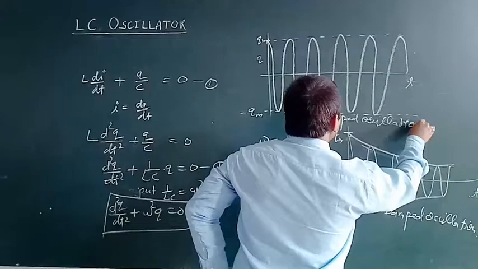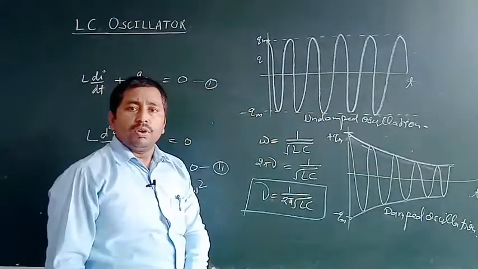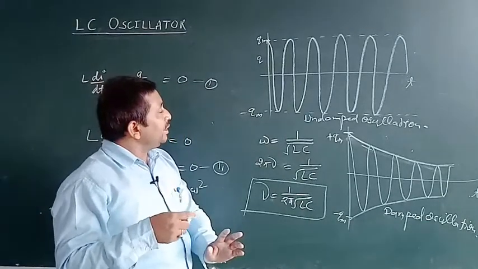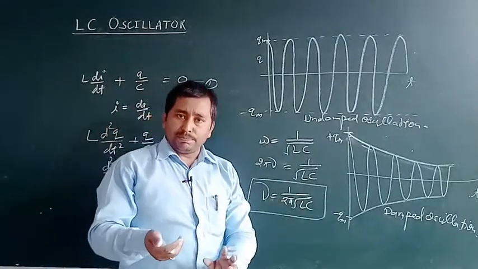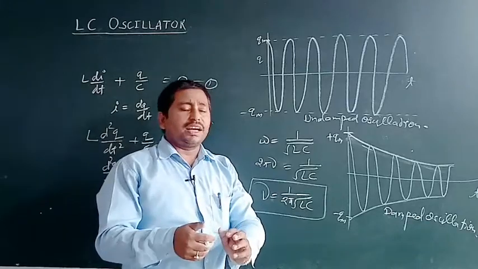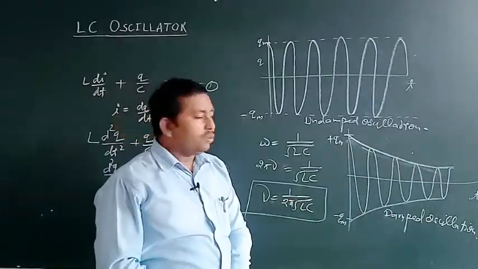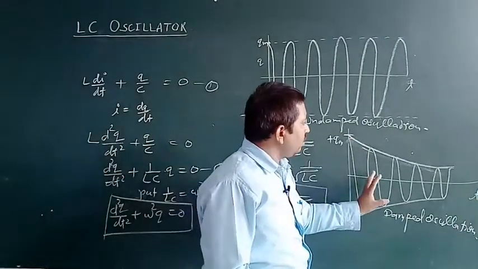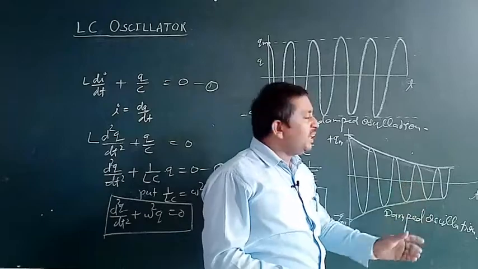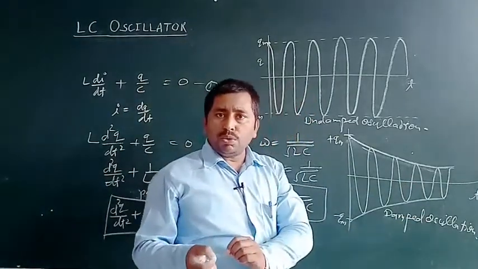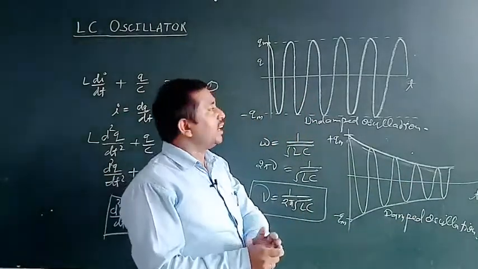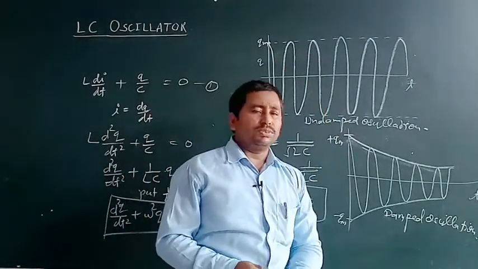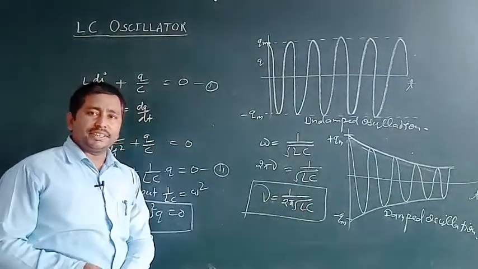But we know that when there is no external source to compensate for the decrease in power that is lost in the oscillation, the oscillation is damped. To overcome the damping, we have to provide some external source that maintains the amplitude of the charge constant. Okay, so this is all about the LC oscillator.